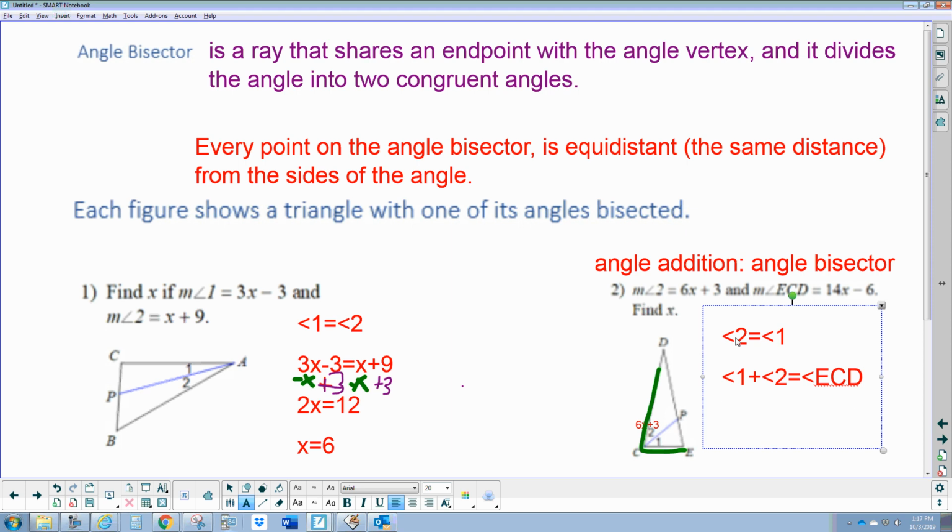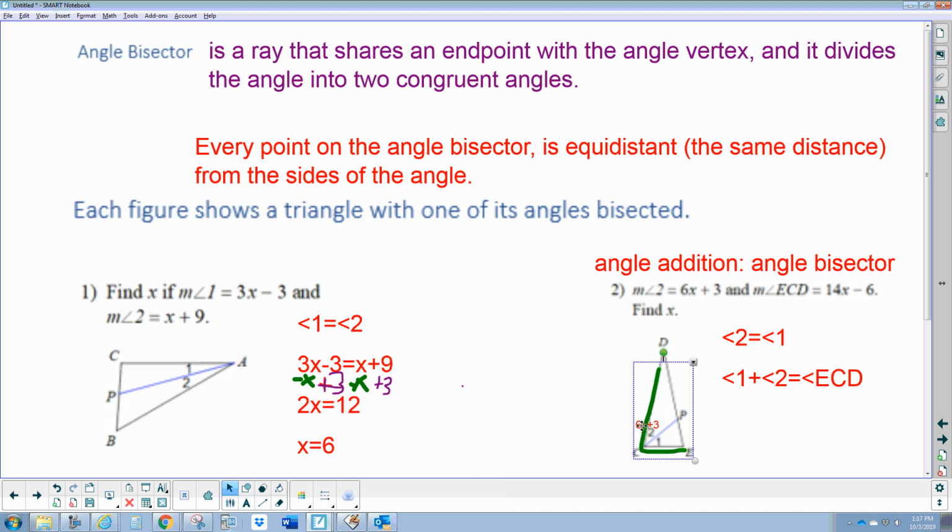The first one, because CP is an angle bisector, and the second one because of the angle addition postulate that we just covered. We don't know what angle 1 is, but we know it's the same as angle 2, and angle 2 is 6x plus 3. Therefore, angle 1 has to also be 6x plus 3.